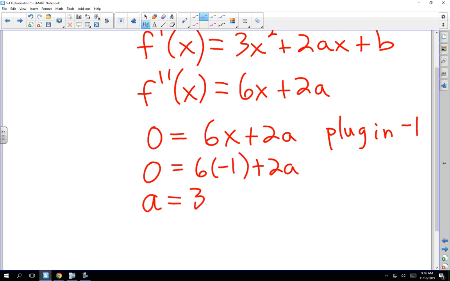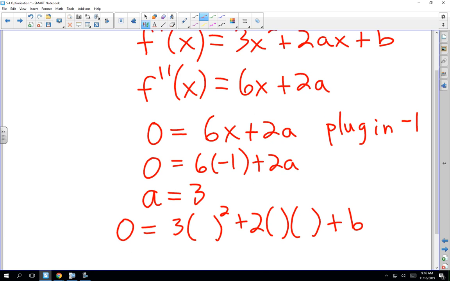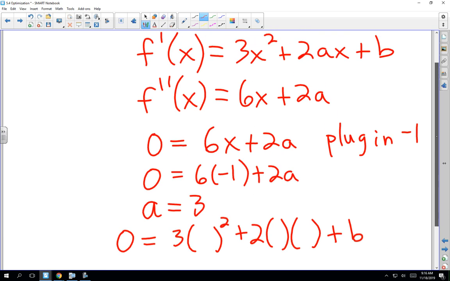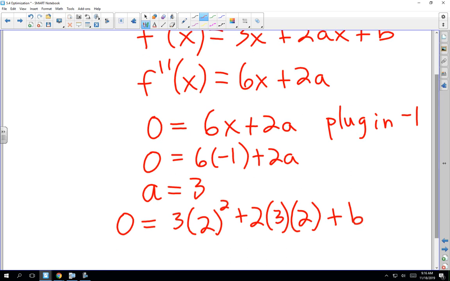If a equals 3, then we go back up to the first derivative, set the first derivative equal to 0. And what are we going to plug in for x in the first derivative? Looks like 2. So everywhere I see an x in the first derivative, I'm going to plug in a 2. And a I know is 3. And then solve for b, and you've got it. And you know the original equation that had x equals 2 as its min, and x equals -1 as its point of inflection.